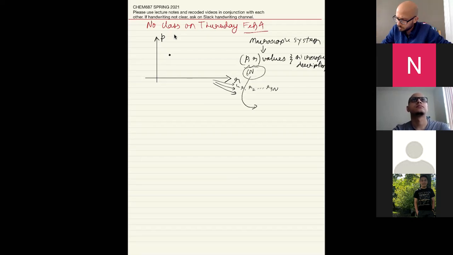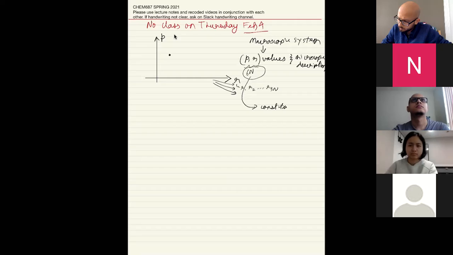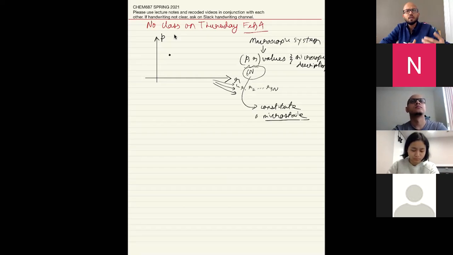These 6n numbers together constitute a microstate. So if you have specified these 6n numbers, you have specified the actual microscopic state of the system.